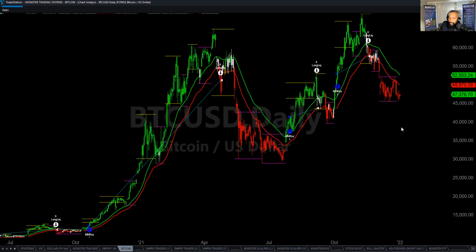Distribution, markdown phase. So these are the phases that we should know every stock will go through, or every Forex pair or Bitcoin, it doesn't matter, they're going to go through that process. All we've done is automate that same process.